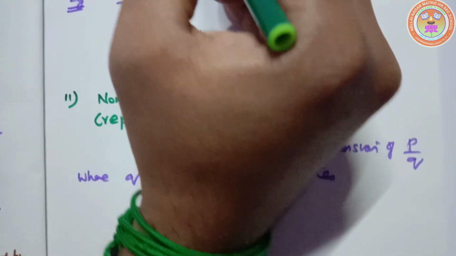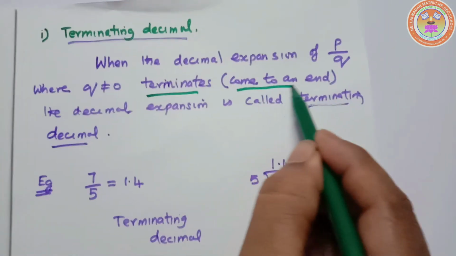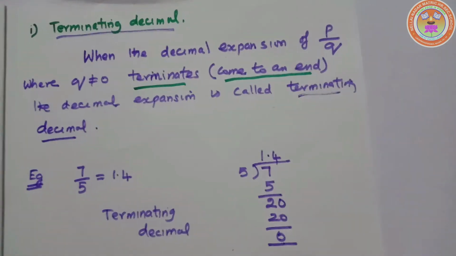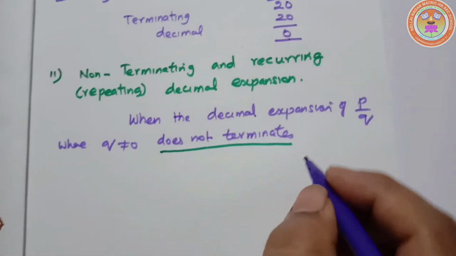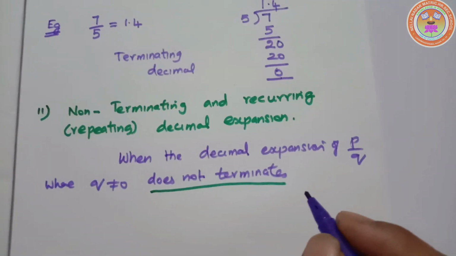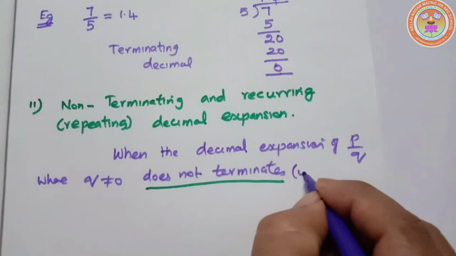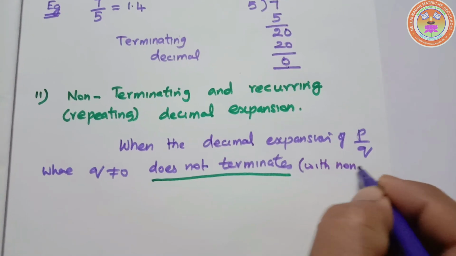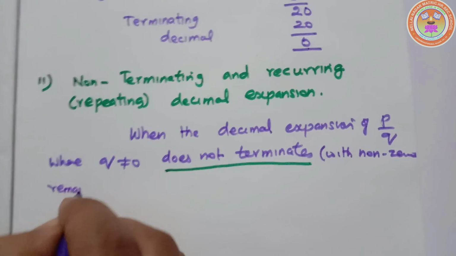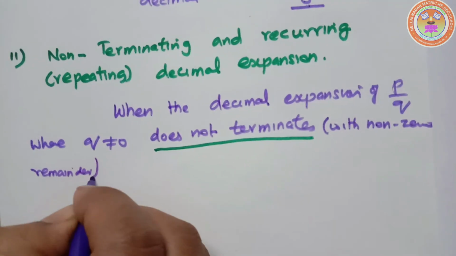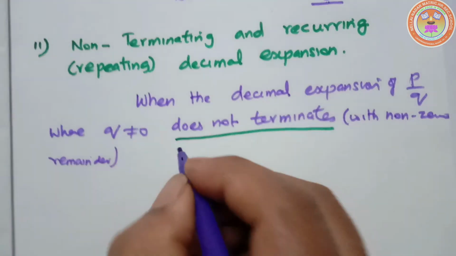Terminates means comes to an end. Does not terminate means with non-zero remainder. With non-zero remainder, that is, you won't get remainder 0, it is repeated.